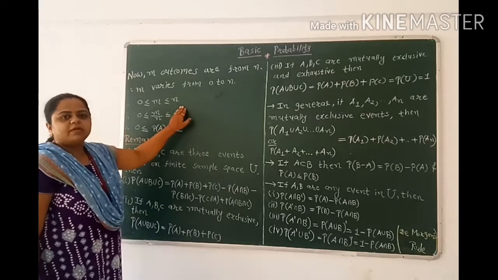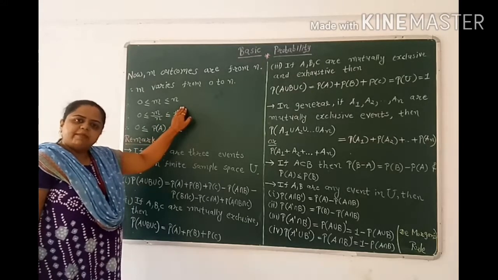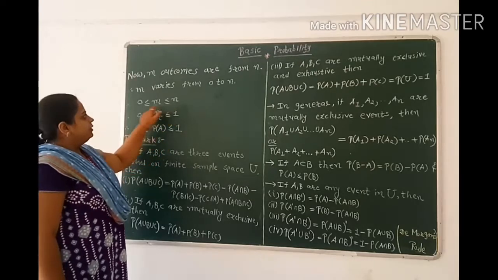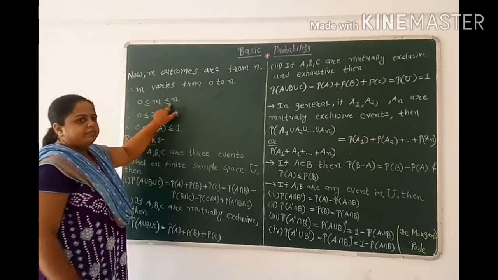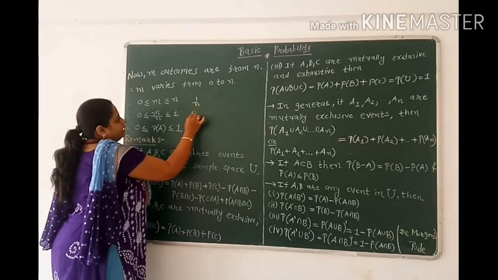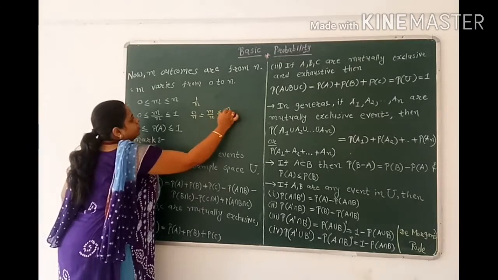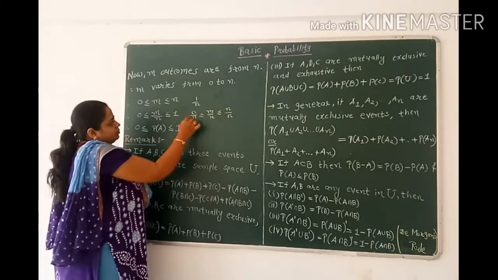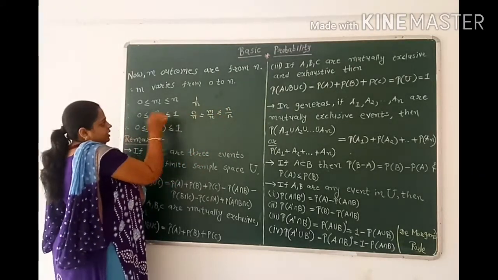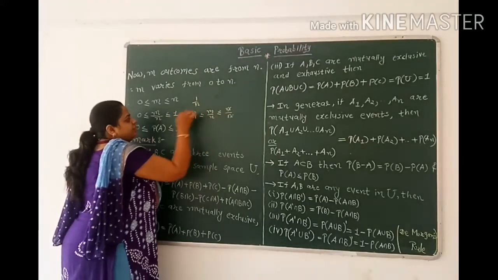But here we need probability of A, and probability of A equals m by n. So we multiply this whole term by 1 by n. So we get 0 over n is less than or equal to m over n, which is less than or equal to n over n. But 0 over n is 0, m by n as it is, and n by n is 1.